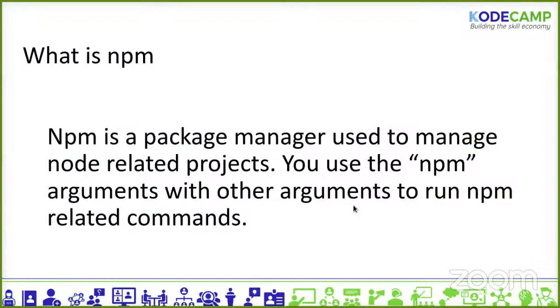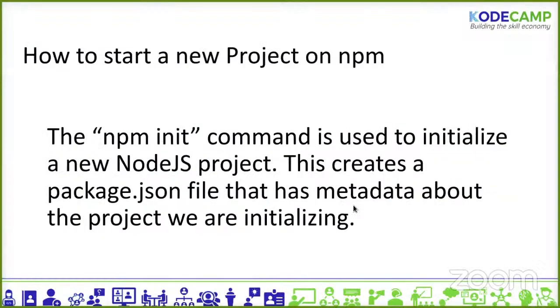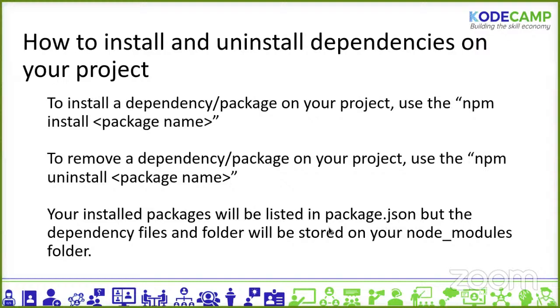So let's go on. We've done this. npm init is used to initialize a new Node.js project. This creates a package.json file that has metadata about the project we are initializing. Now, how to install and uninstall dependencies on your project.